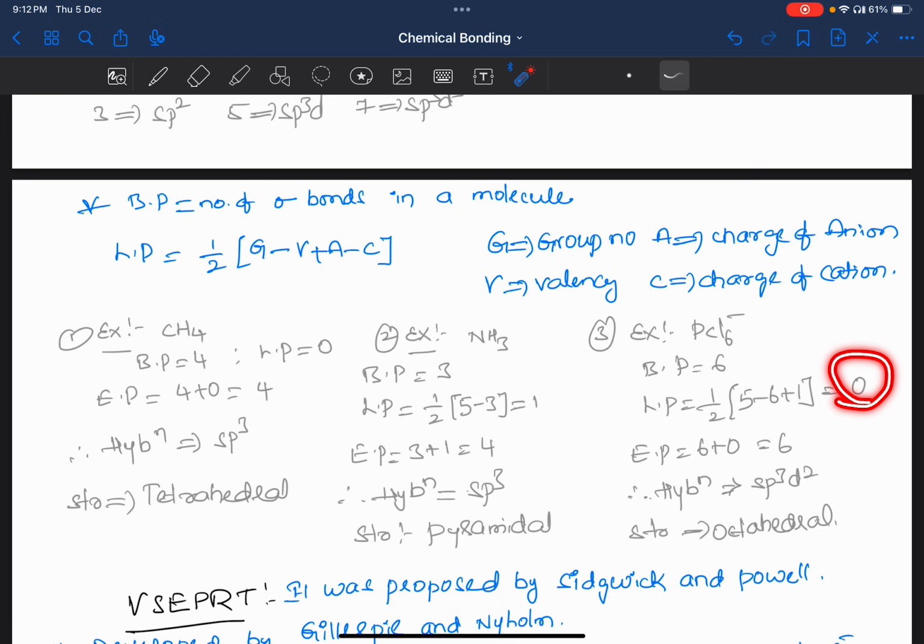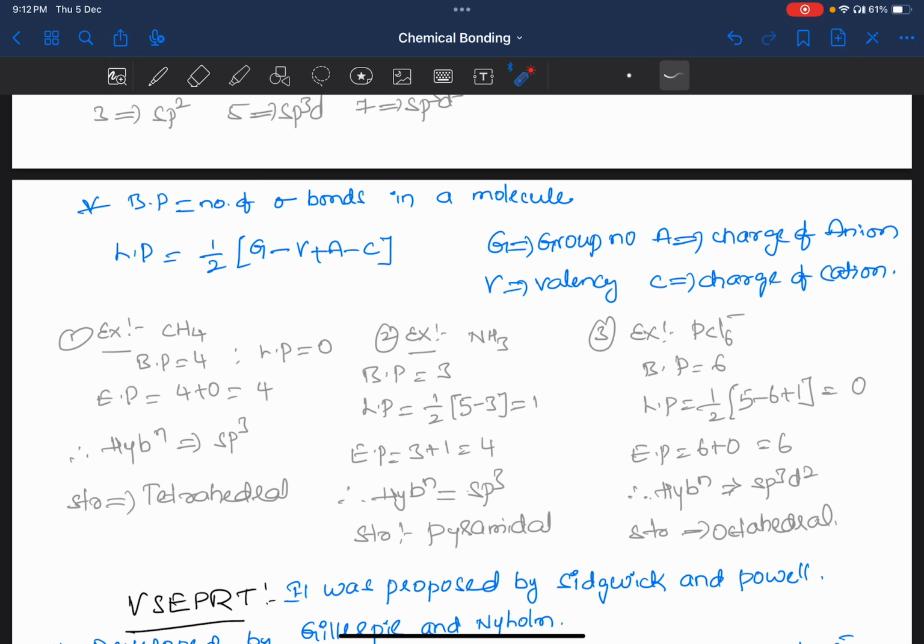So that is equal to 0. Now finally, electron pairs are 6 plus 0, equal to 6. Therefore hybridization is sp3d2. With sp3d2 its structure will be octahedral.